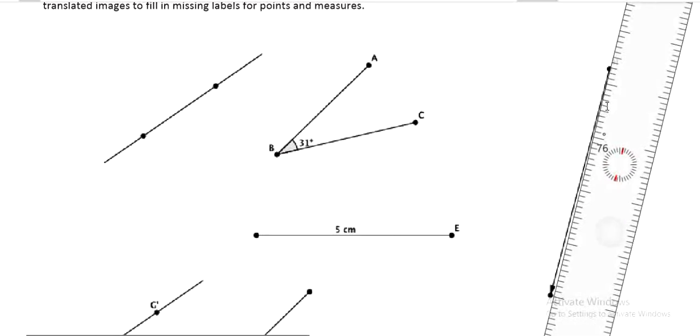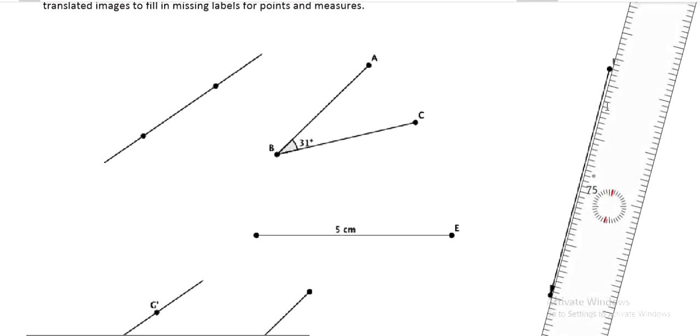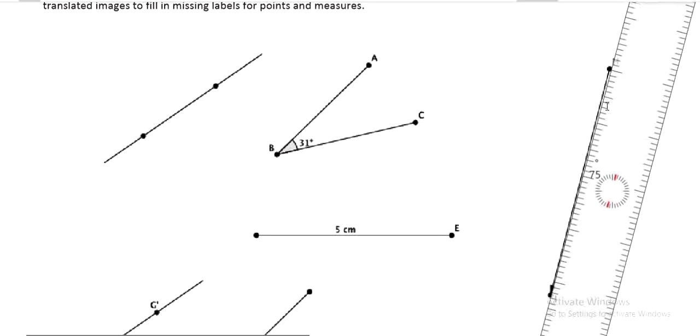Vector HI, let's see, it has it at about 75 degrees, we'll call it. And I can see that it is 10, 20, 30, 40, 43 dashes long on mine.